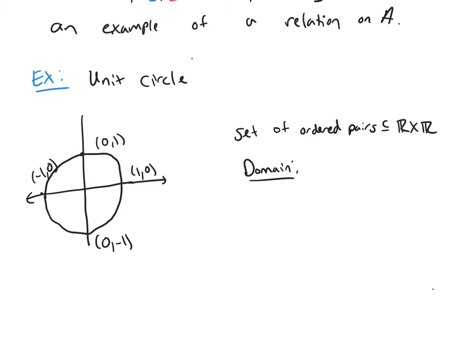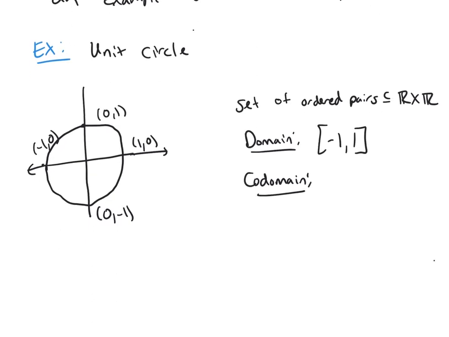Well, the domain, that's all your first coordinates, which means all of your x values here. So my x values range from -1 to 1. My codomain, it's all my possible y values. Well, my possible y values are any real number.